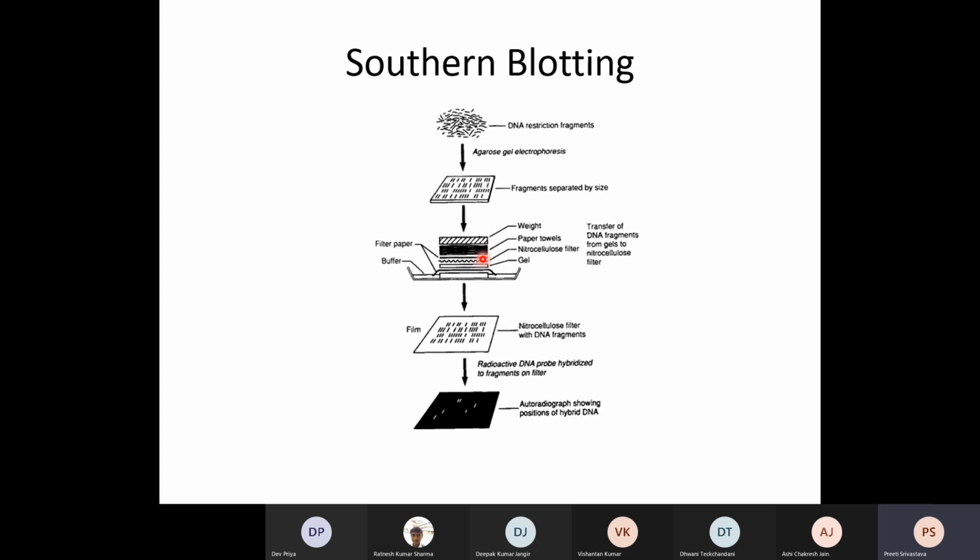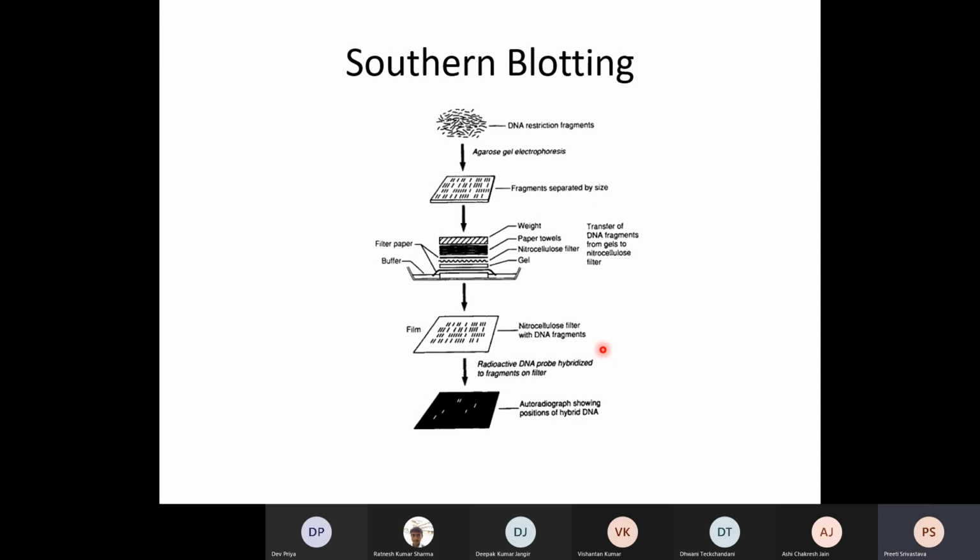If you see something with ethidium bromide, you will find that the intensity will be much less, and the DNA will have been transferred onto the nylon or nitrocellulose membrane. So the nitrocellulose filter or nylon membrane now contains the desired DNA.